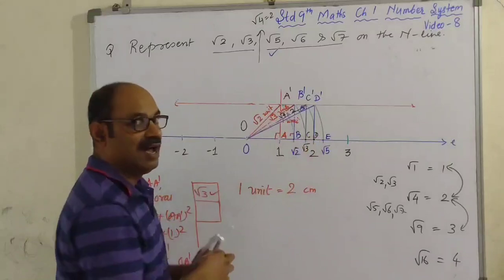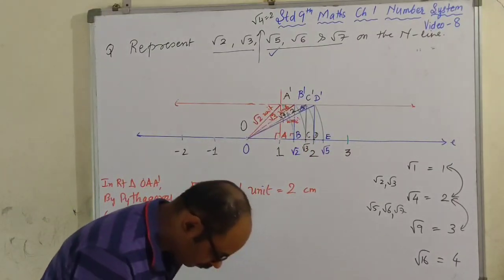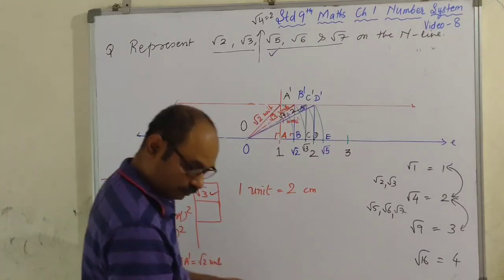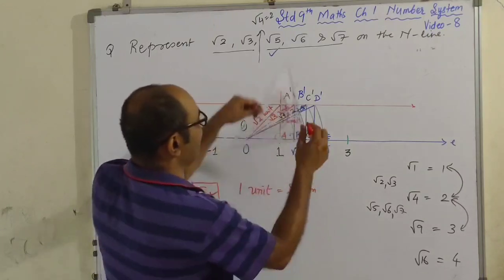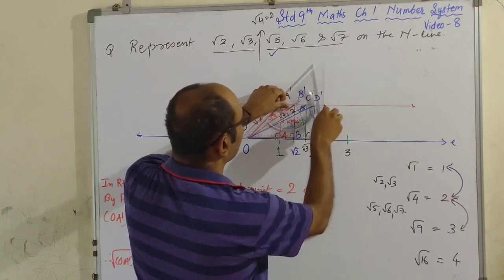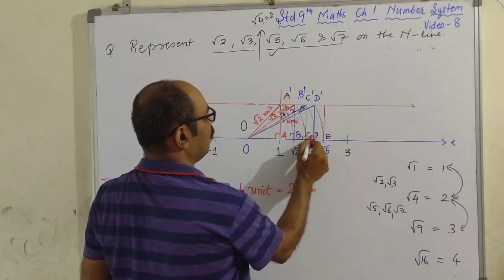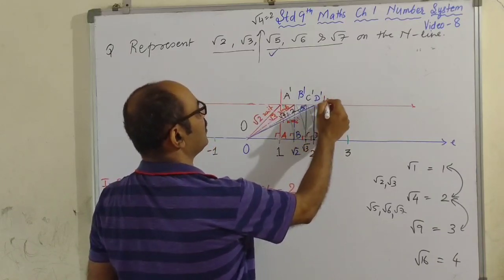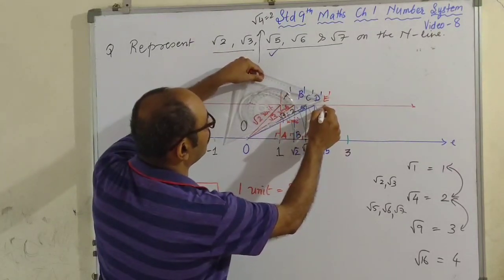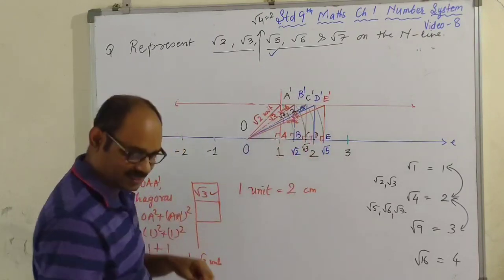By drawing a perpendicular at E. Alright? Let's draw a perpendicular at E. Here it is. We are forgetting to put all these signs. Be careful. Now this is E dash. If you draw E dash O, it is root 6 units.